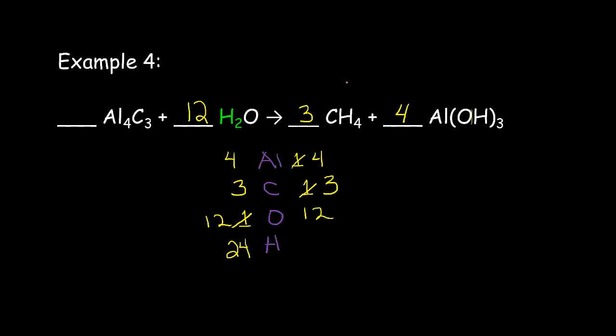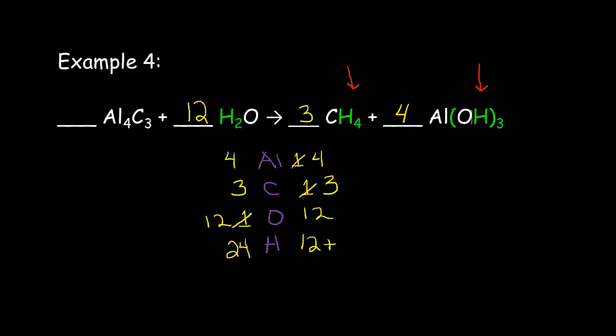Now on our product side, we can get hydrogens from CH4, and we can get hydrogens from aluminum hydroxide. We have 3 CH4s, and in every 1 CH4, we have 4 hydrogens. So we're going to multiply 3 times 4 to get how many hydrogens we have in CH4. 3 times 4 is 12, and then we have to add that to these hydrogens right here.